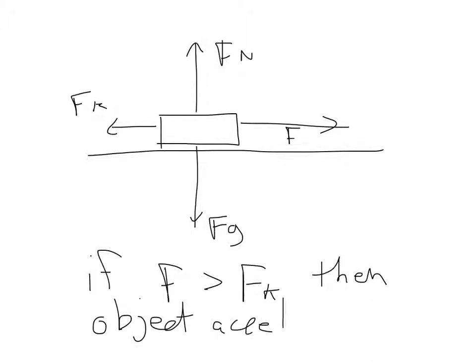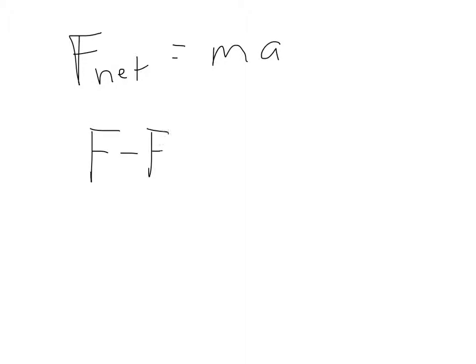And how big is the acceleration? New slide for that. The size of the acceleration, I'll write Newton's second law, F net equals ma. F net is equal to the force that you're pulling on the object minus the force due to the kinetic friction. That's equal to the object's mass times its acceleration. So this is whatever force you happen to be pulling.